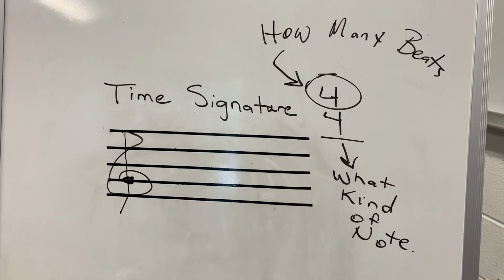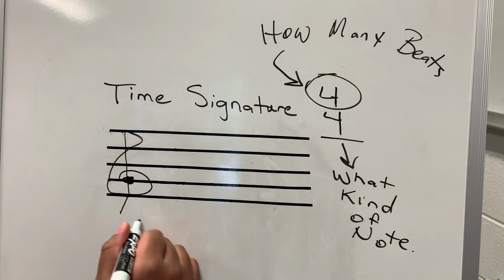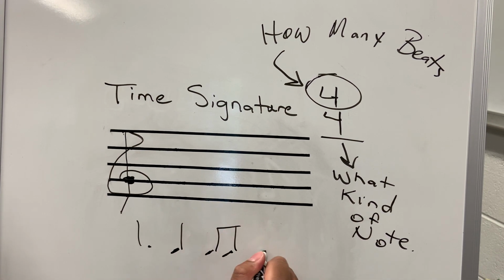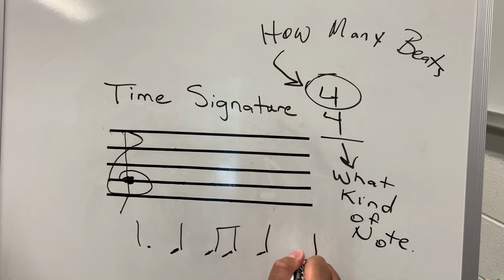Now, those numbers, 1, 2, 3, 4, 5, those numbers represented a measure number. Okay? So we had maybe number 1, and we had something like this. Okay? It may have been something like that. All right?